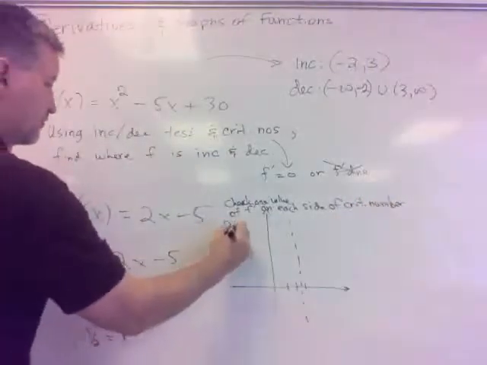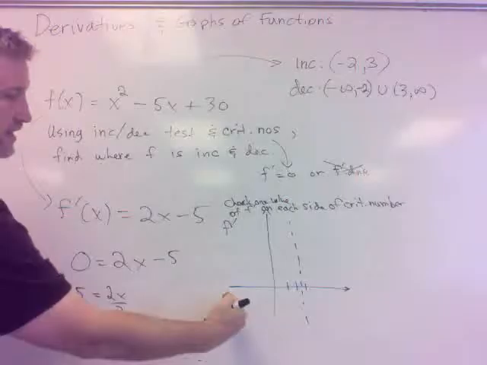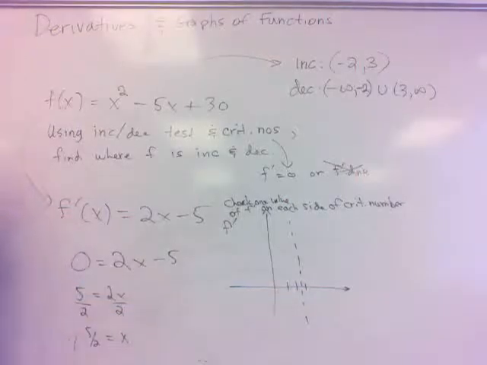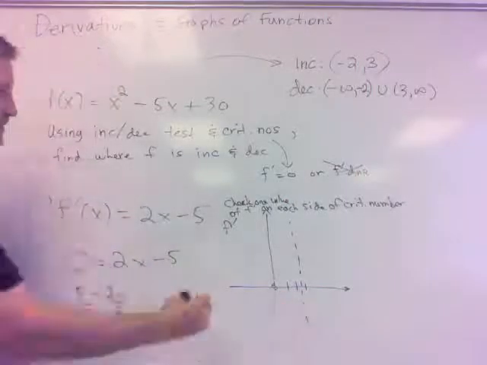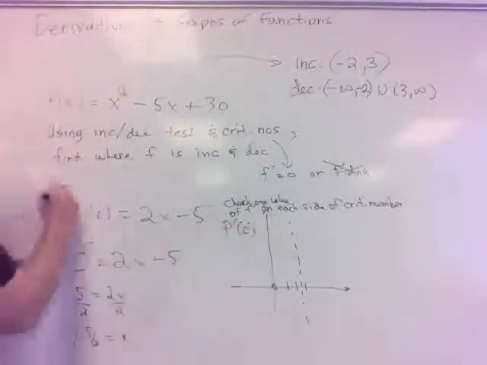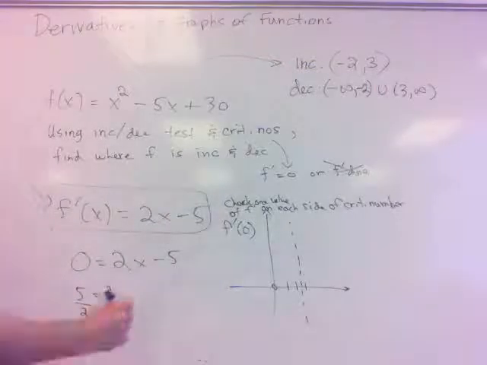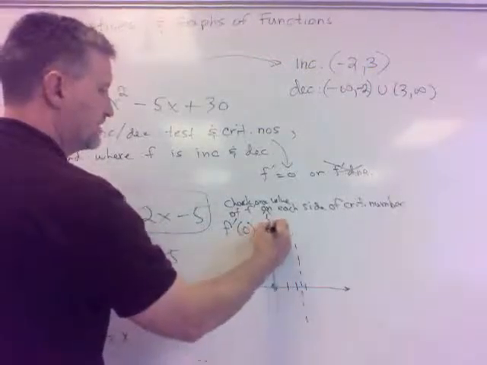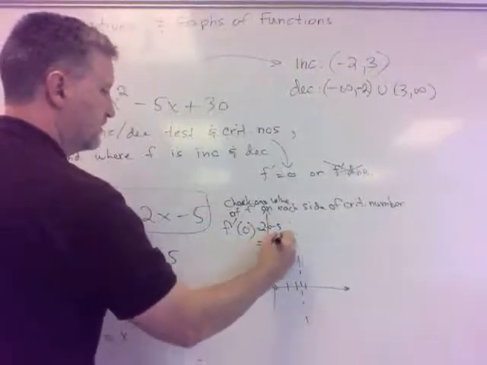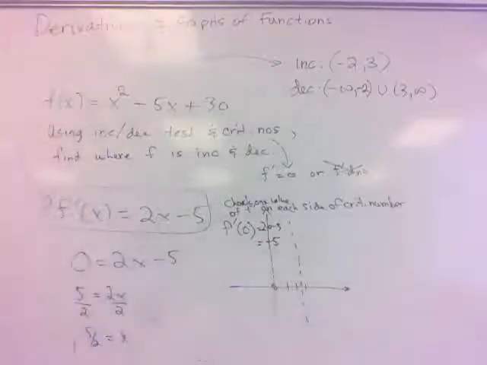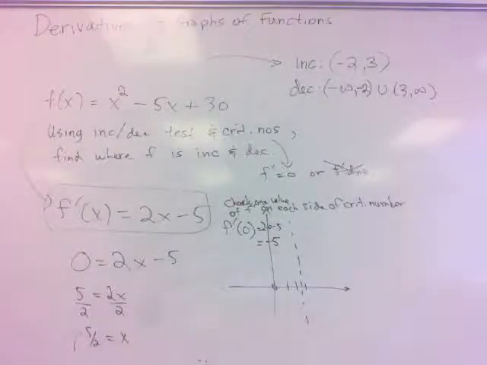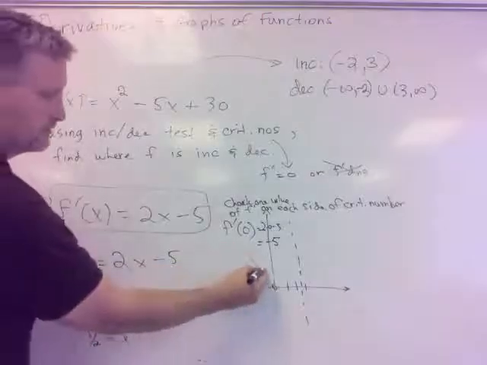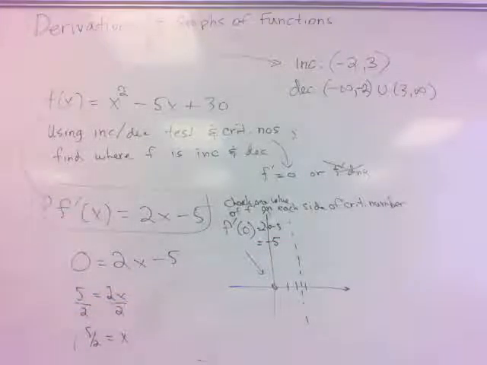All right, so I'm going to do f prime on this side. What would be a good one to choose? Since 0 is on this side, I'm going to do f prime of 0. So f prime of 0 is 2 times 0 minus 5. Hey, that's negative 5. What does that tell me about increasing and decreasing? Well, the derivative is negative, so that's a downward trend, isn't it? With me?